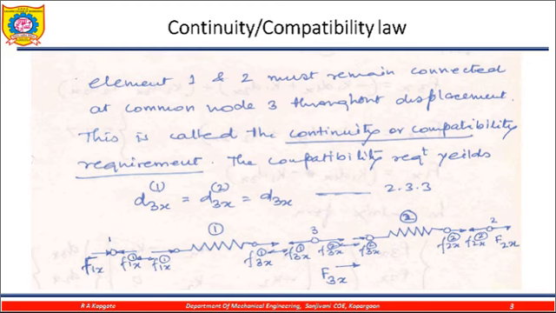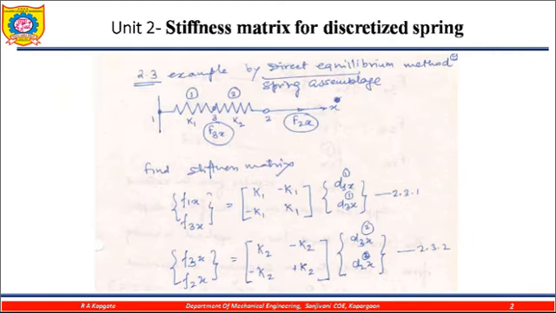Now I need to assemble these, because this is the requirement. Once I assemble them, only then will I be able to find the global force and the total displacement. Here you can observe that the spring is fixed here, so this is the boundary condition applied in the problem.